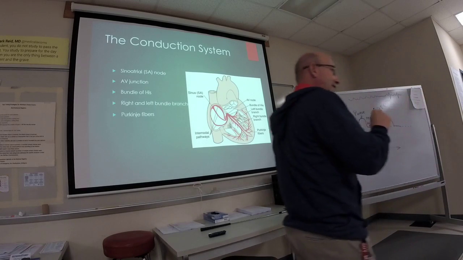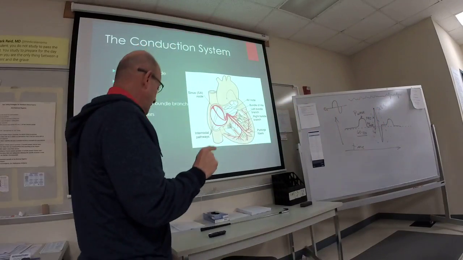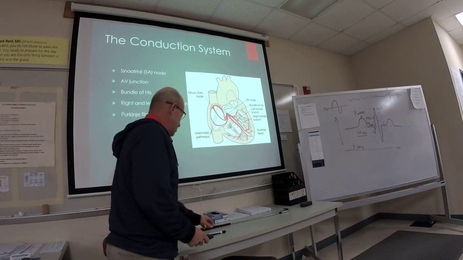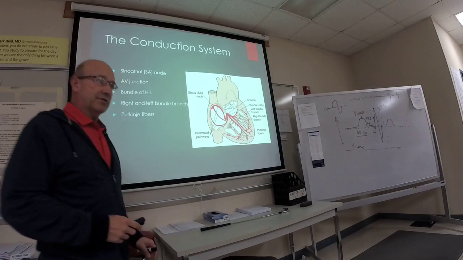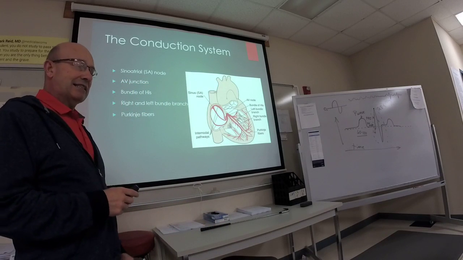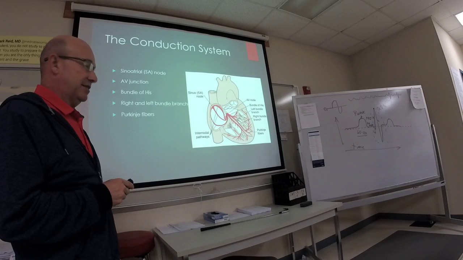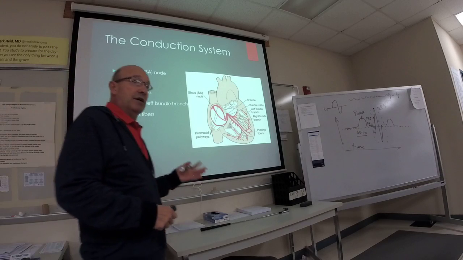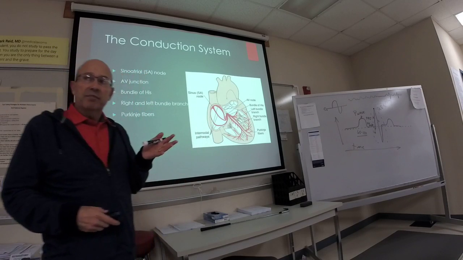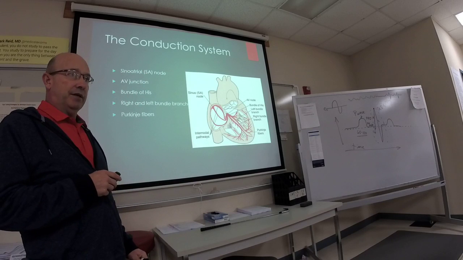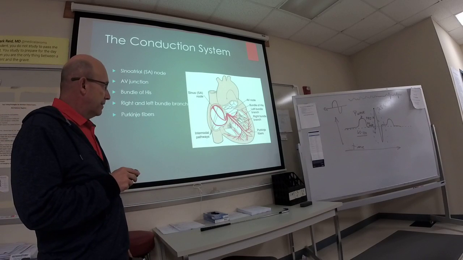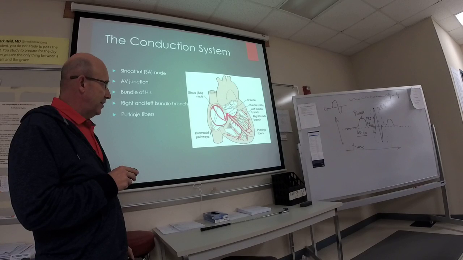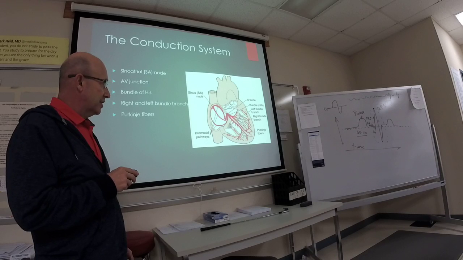The bundle of His is important because when we get to supraventricular tachycardias, or the SVTs, that's a conduction problem that takes place above. Supra means above. So it's above the bundle of His is where the problem is, okay? But the electrical, it stops here at the AV node and then it goes through the bundle of His.